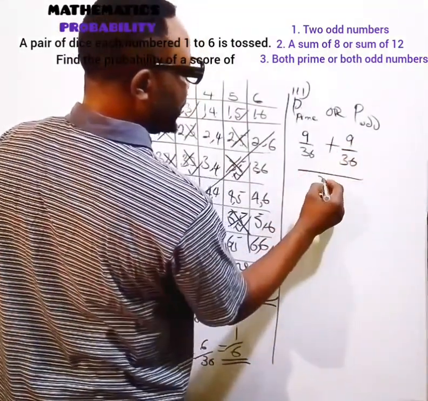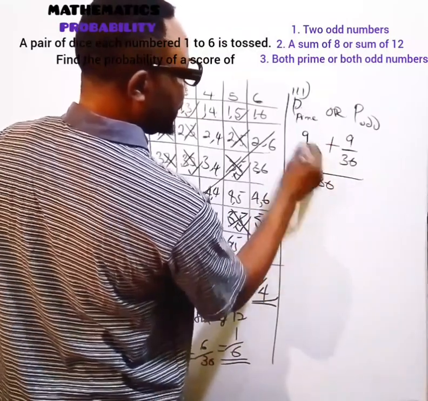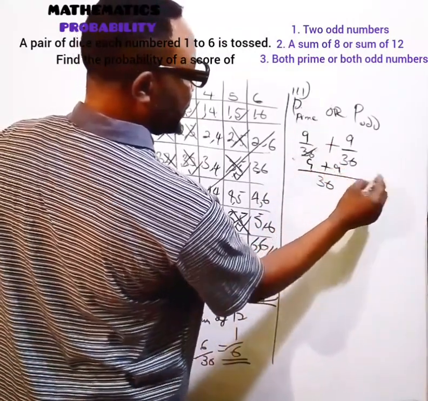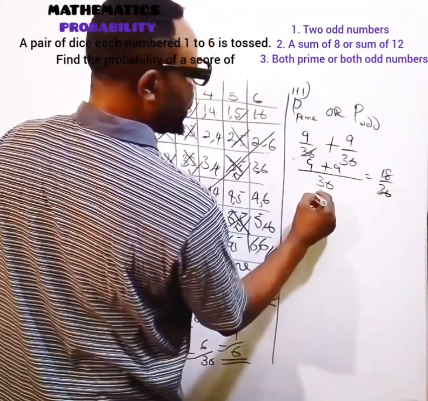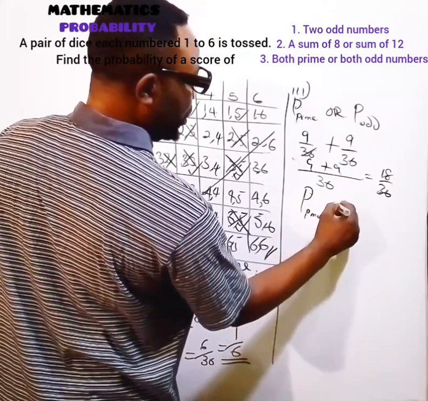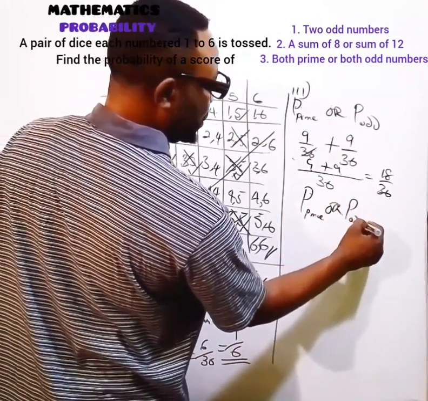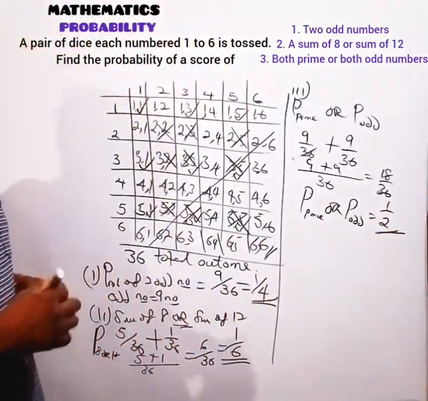So that is going to be equal to 9 plus 9, that's 18 over 36. Which gives us probability of prime or probability of odd will be equal to 1 over 2.